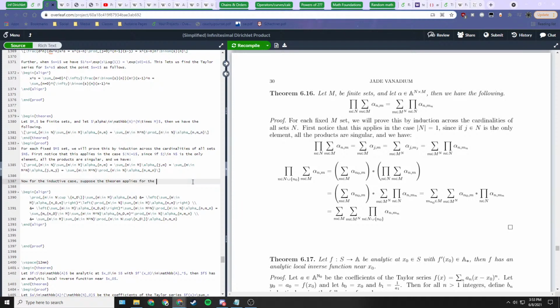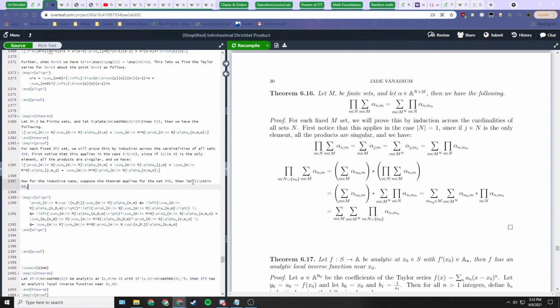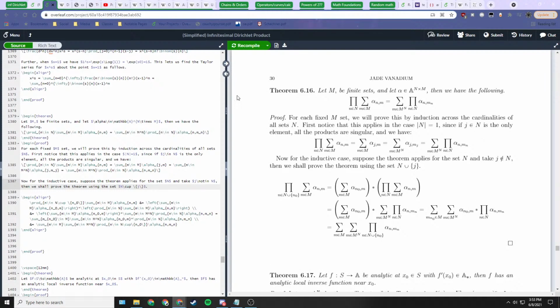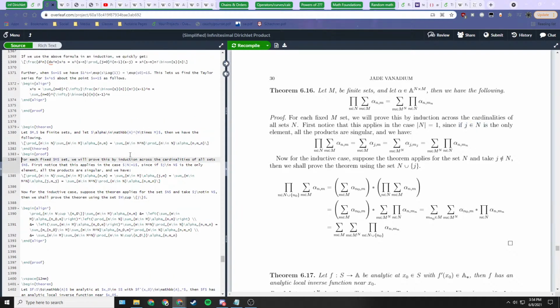suppose the theorem applies for this set N, and then let J not be in N. Then we shall prove the theorem using the set N union the singleton set containing J. So we've proven it in the case that the cardinality of N is 1, and then we're going to prove it in the inductive case.